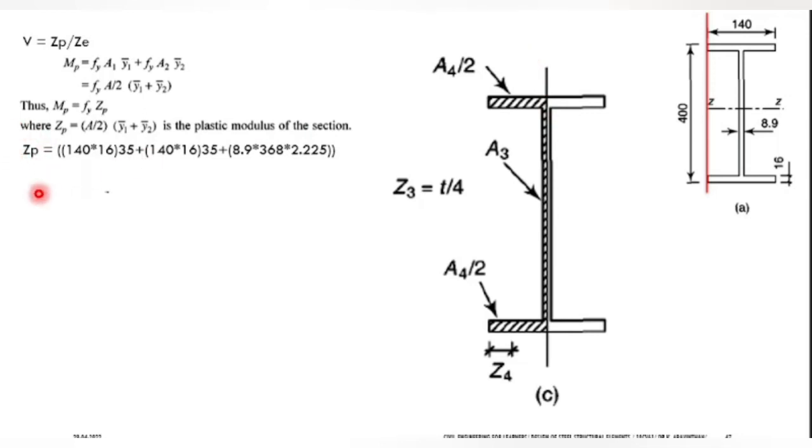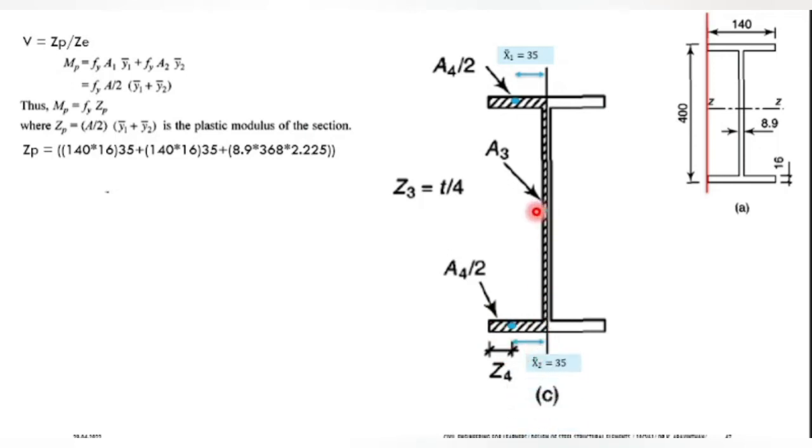So for finding ZP, you have to find the centroid. Since you know that this is the half of the section, that is 70, the centroid will exactly act at 35 mm. You know that x1 bar is 35 mm. Then you will be having the bottom flange, which is 140 into 60. The centroid will act at 35, so this is the second centroid.